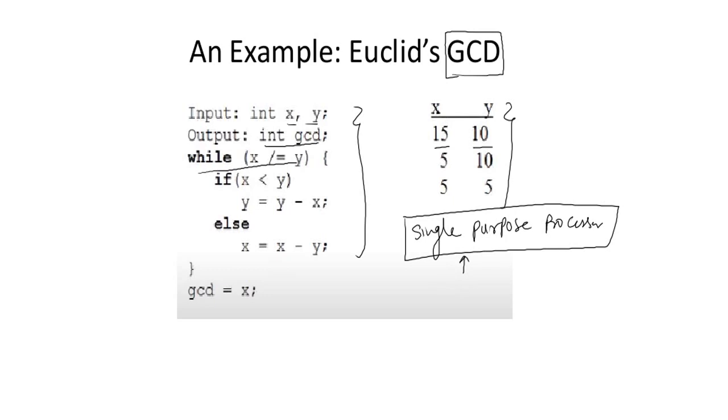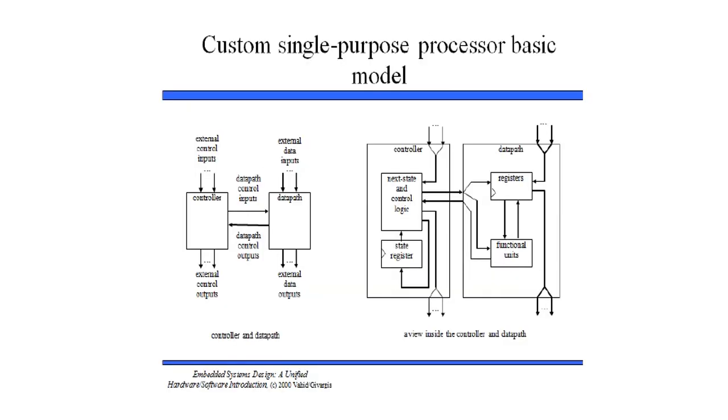If you are using a microprocessor or microcontroller, we need to design the control unit, and the control unit contains basically two blocks. One is the controller, which sends the control signals, and another is the data path, where all the computations on the data are carried out. We will see that in detail.